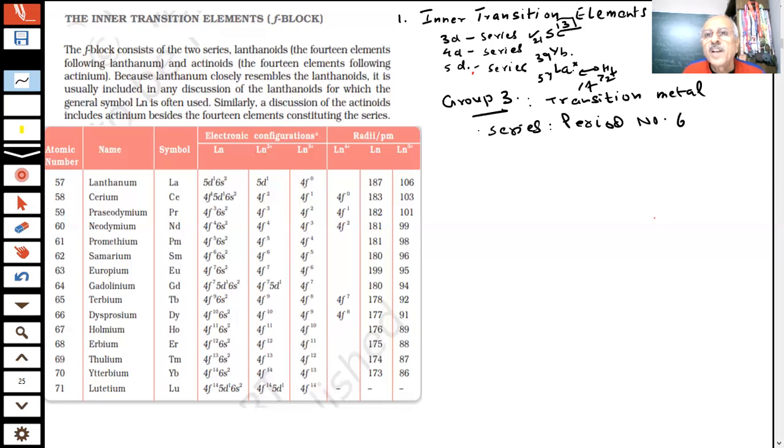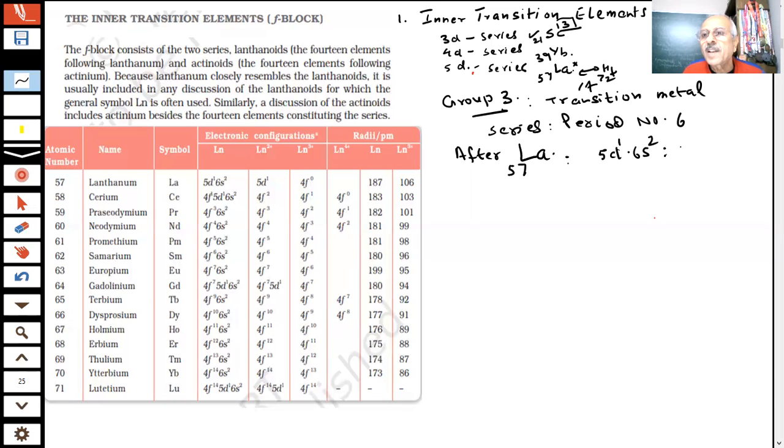So from group 3, after lanthanum, the atomic number of which is 57, if I see the electronic configuration, in the outermost you have 5d1 and 6s2. This is our lanthanum, 57.